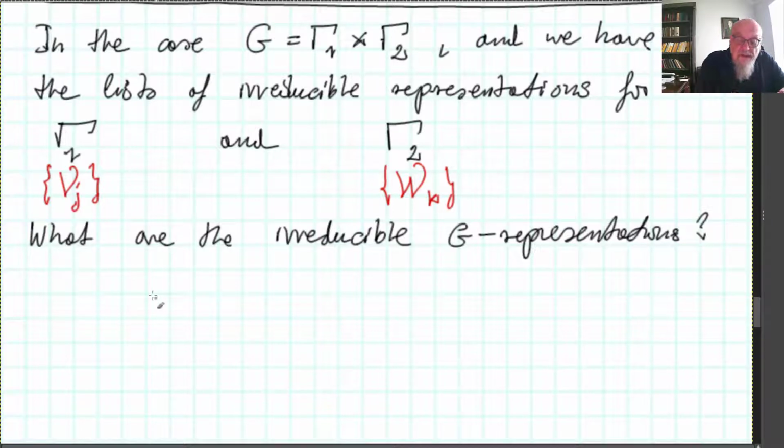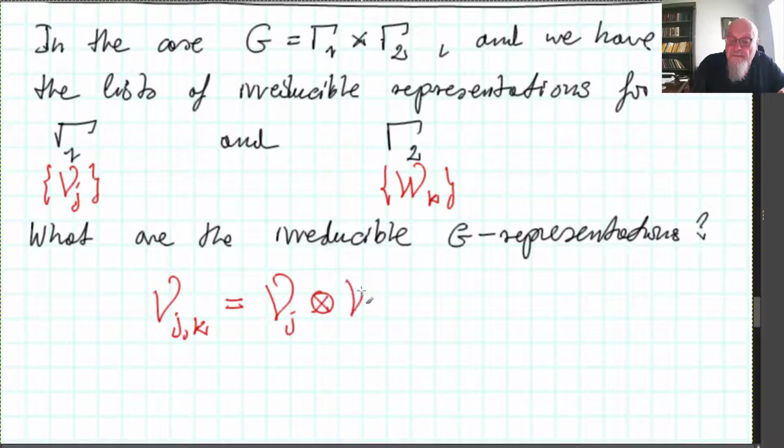In this case, it is kind of easy because we can denote them J, comma K, and this will be simply Vj tensor product Wk. So the tensor product of the gamma 1 representation times the gamma 2 representation will be our irreducible representation for that group.